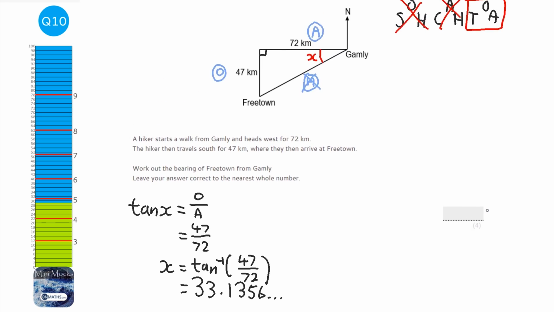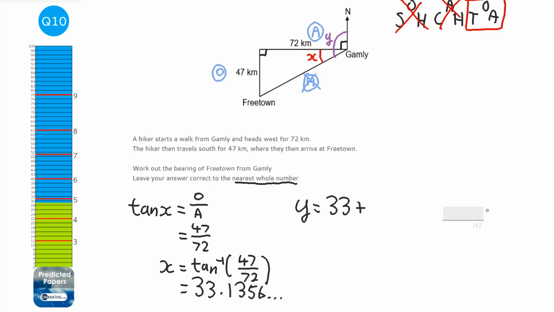Okay, so x is 33, but we still haven't got a bearing. What we can do is work out what this one is, and I'm going to call that y. So to work out what y is, it's going to be 33.1. Well, we're looking for the nearest whole number, so let's call that 33. And then we're going to add the right angle here.